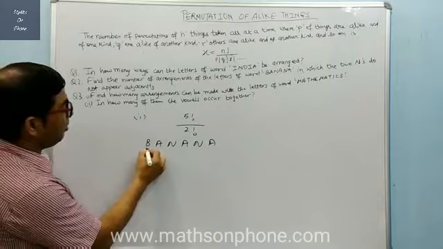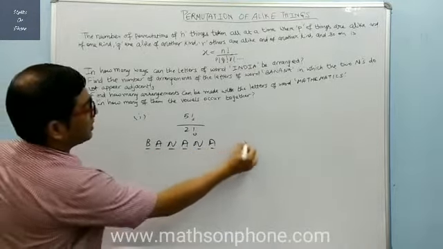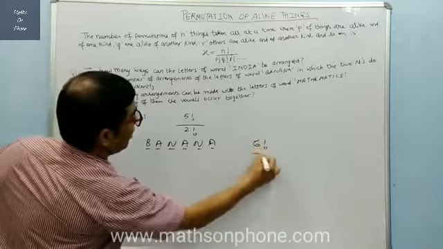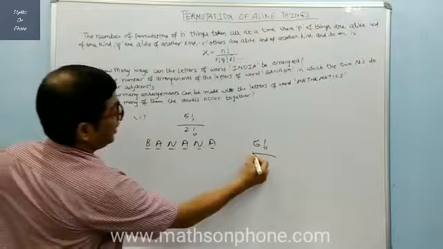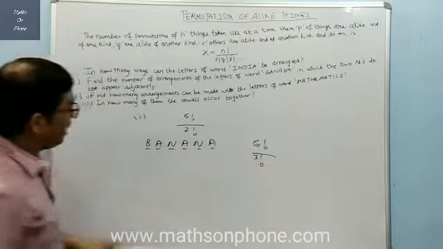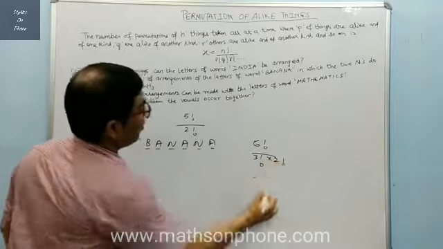So total number of arrangement, 4, 5, 6, is 6 factorial divided by, you see 3 a's together, so by 3 factorial, and 2 n's together. This is the total number of ways.